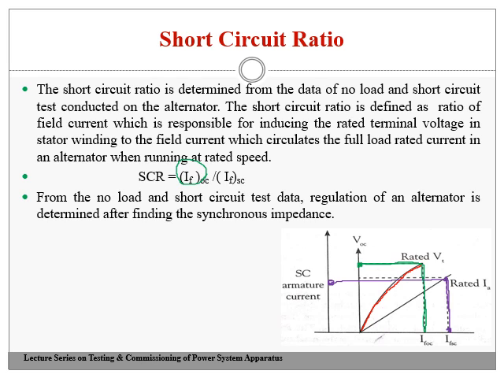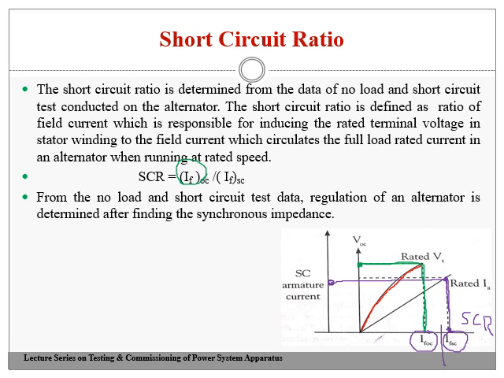when we circulate the field current, it is going to produce the short circuit rated current in the alternator stator winding. Therefore, this field current divided by this field current will give the SCR.